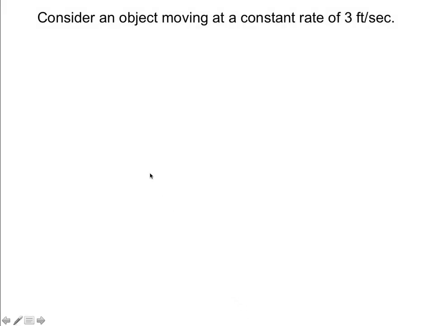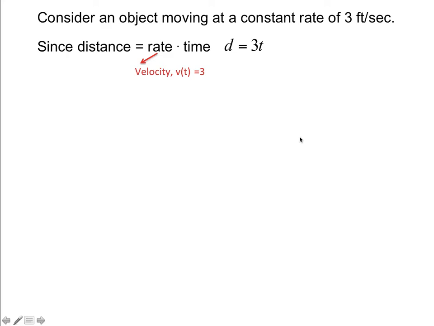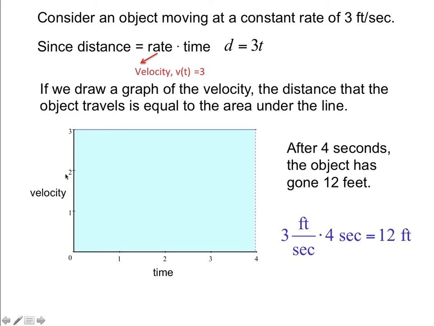So let's just consider this scenario. We have an object moving at a constant rate of 3 feet per second. If we graph this rate, what does that look like? At the beginning they're moving 3 feet per second, and then the next second later they're still moving at this speed, and the next second later they're still moving at this speed, we get a graph that looks like this.